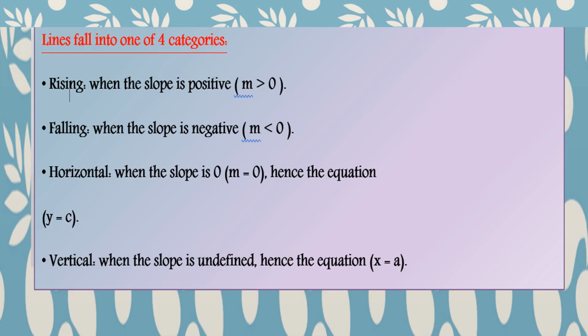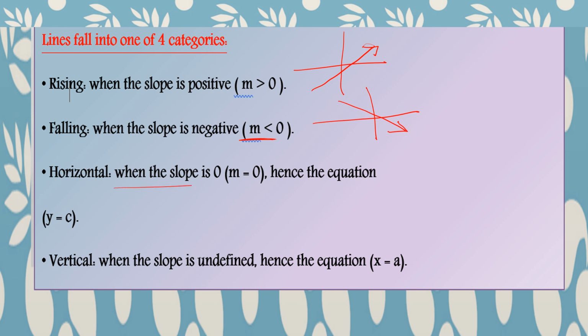The line falls into one of four categories. When m, which is the slope of the line, is positive or greater than 0, then the line is rising, as you can see in this graph. But when the slope is less than 0 or negative, the straight line is falling.